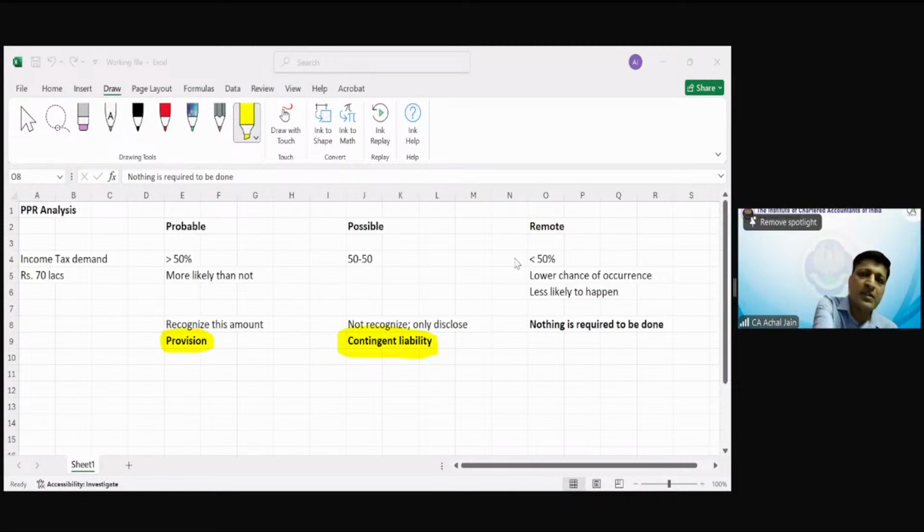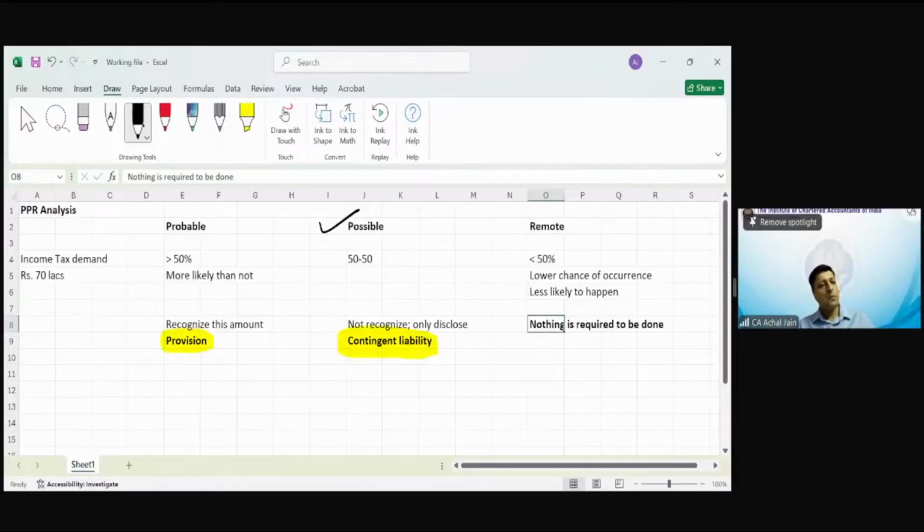So we are talking about this situation. Arun, let's suppose the company has received a demand. Fine. So there are three things company is supposed to do. Either to pay that or not to pay.